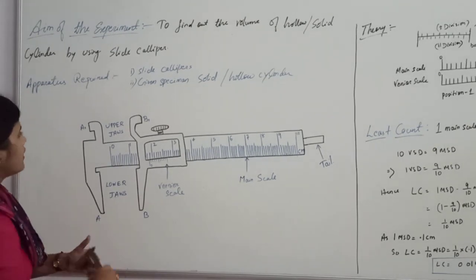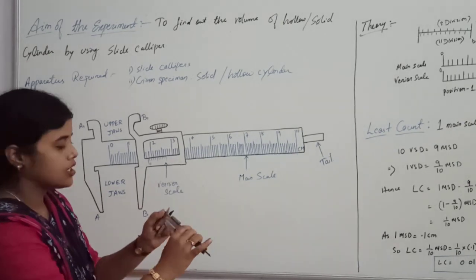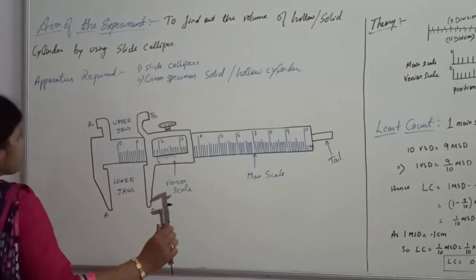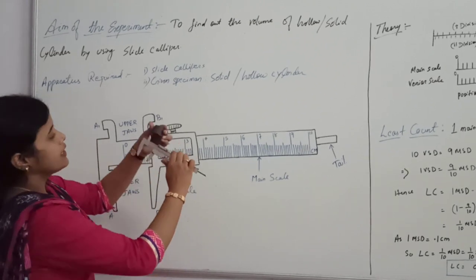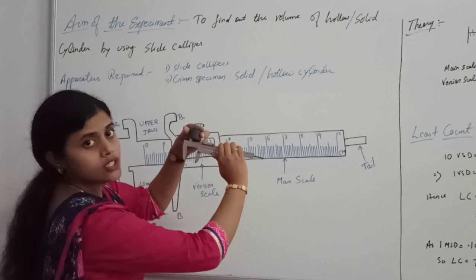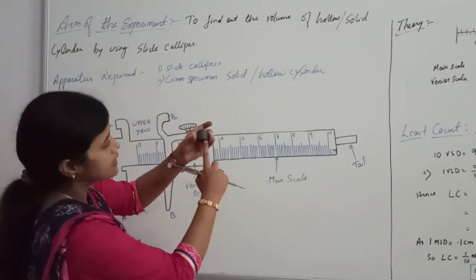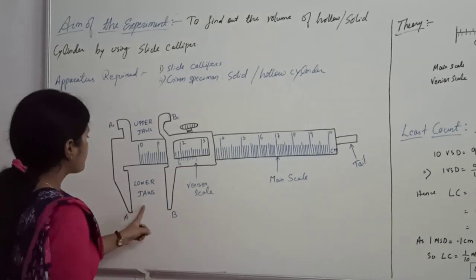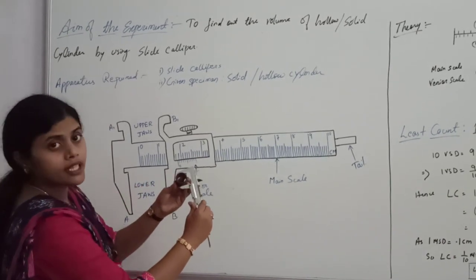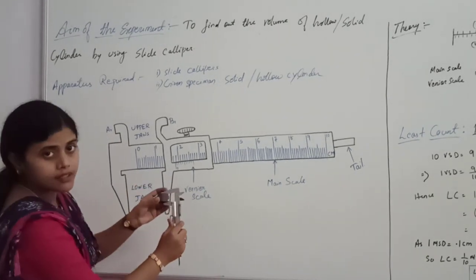So let me tell you what is the application of these jaws. By using the upper jaws, you can measure the internal diameter of a given hollow cylinder. By using the lower jaw, you can measure the external diameter, and also you can measure the height.